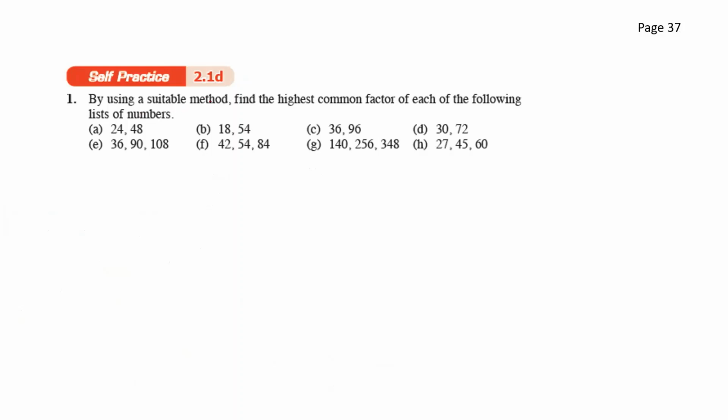By using a suitable method, find the highest common factor of each of the following list of numbers. So let's do factorization here. We have 24 and 48.